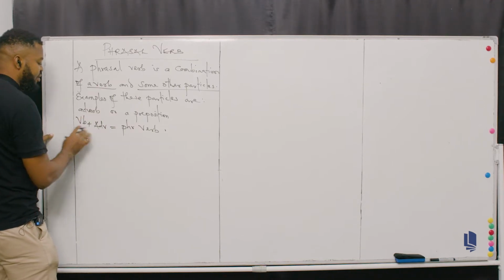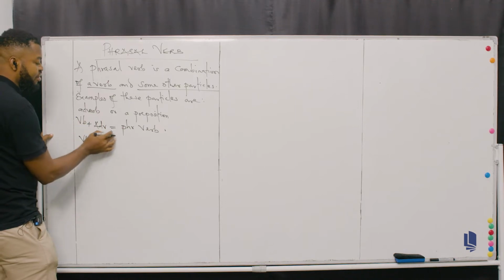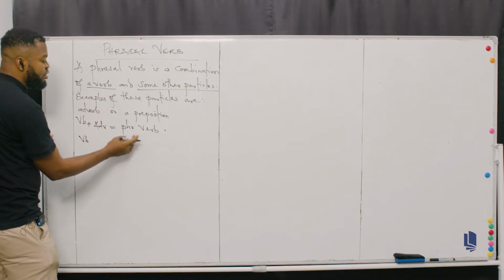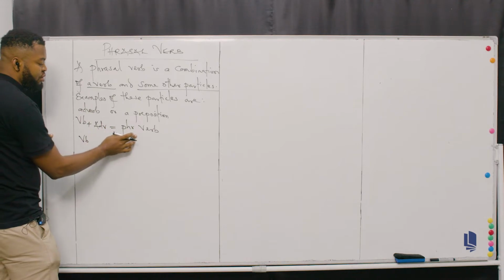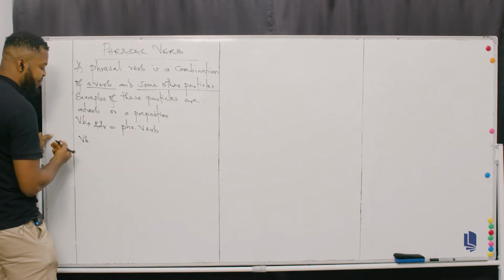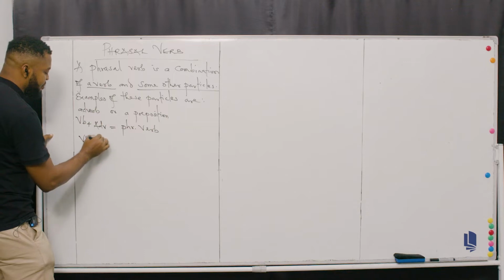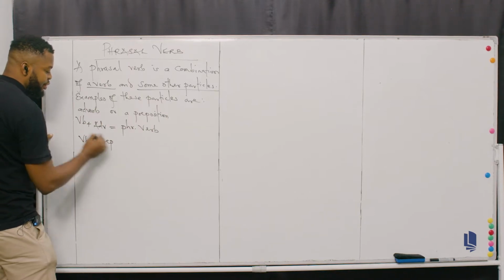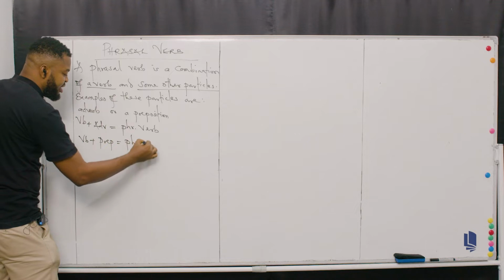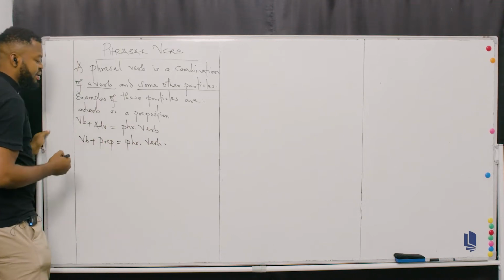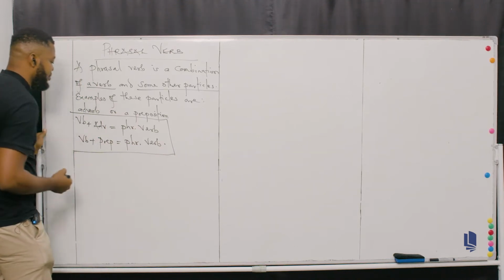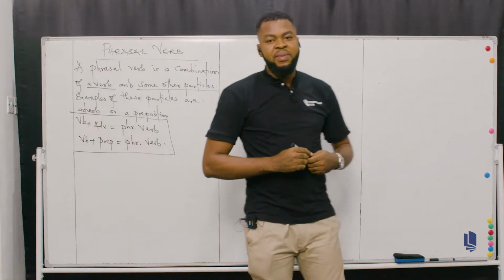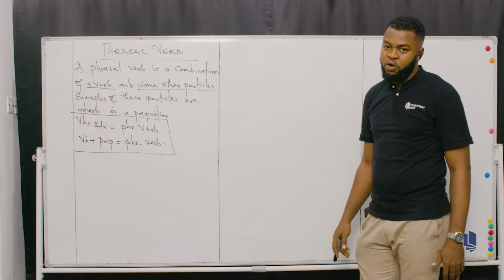So VB plus adverb, that's verb plus adverb, is equal to a phrasal verb. Remember, when you combine verb plus preposition, that's prep, okay, so equals to what? A phrasal verb as well. So this is the simplest method or formula to enable you remember how to form a phrasal verb. I hope you can see that now.